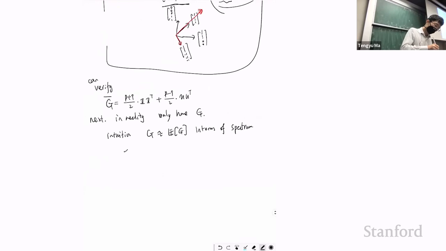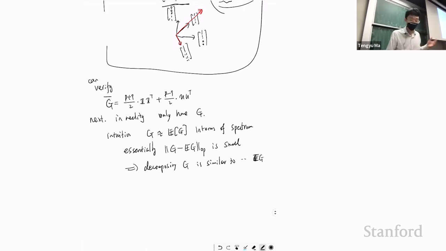Essentially, even though we need a little trick to make this work nicely, we want to show that the operator norm of the difference between these two is small. Then, if you use G to do the decomposition, decomposing G is similar to decomposing the expectation of G.